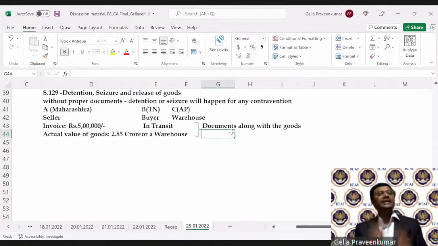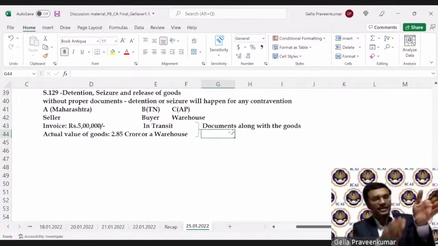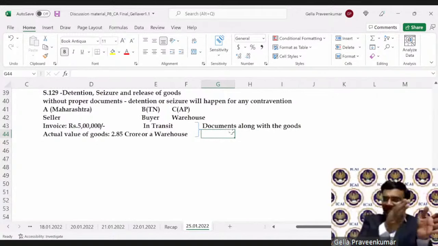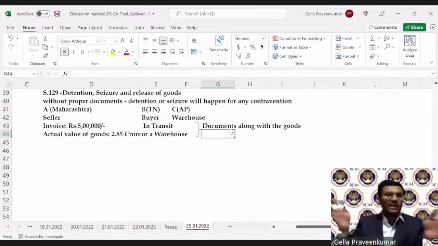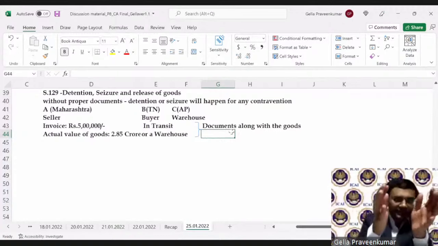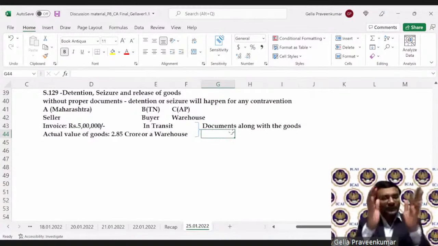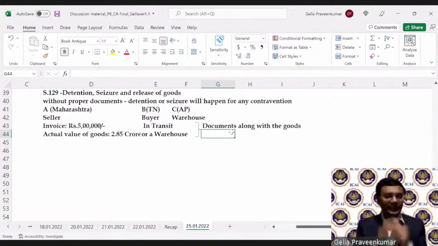We call this interception and verification. So the officer may check when it is in transport on the road from Maharashtra to Tamil Nadu, or when it has been stored in a warehouse. At any of these points, the officer can verify these goods.